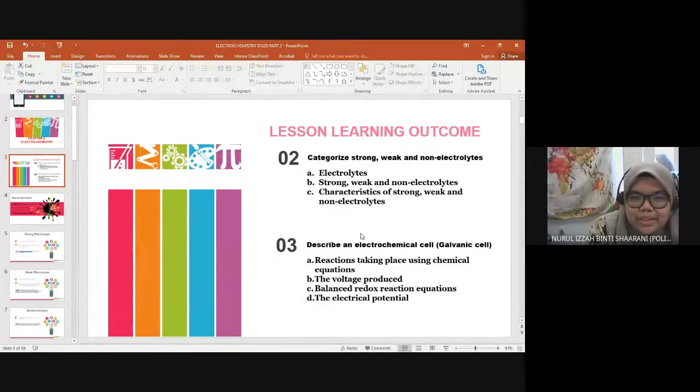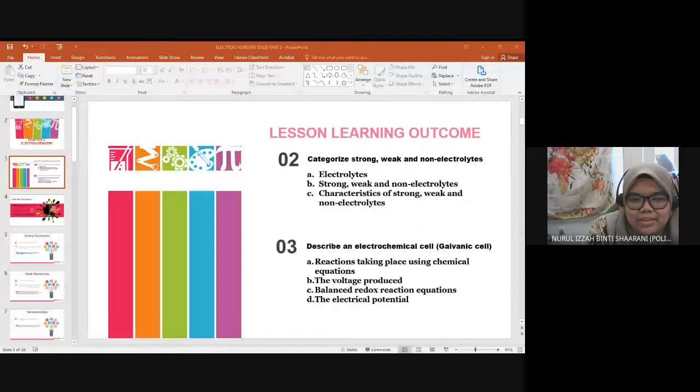Basically apa yang kita akan tengok for today's class, ada benda yang saya pernah cakap dalam practical class sebelum ni, which is the galvanic cell. You already set up the galvanic cell, you already done with the cell potential.